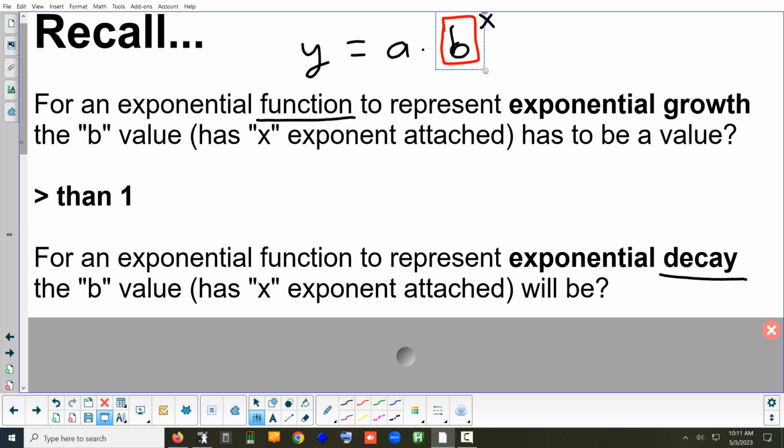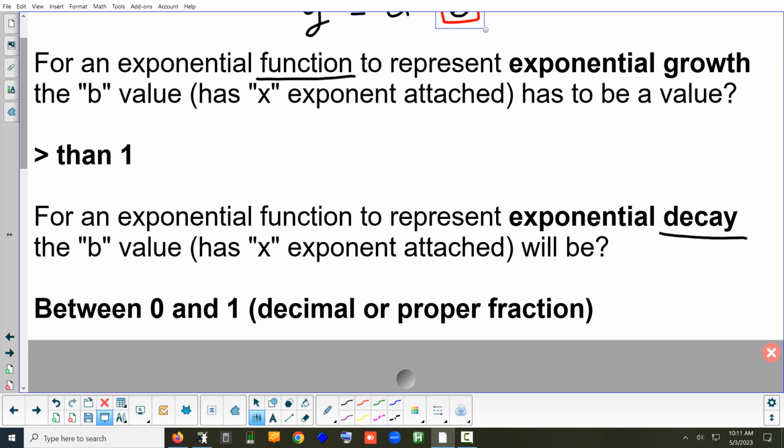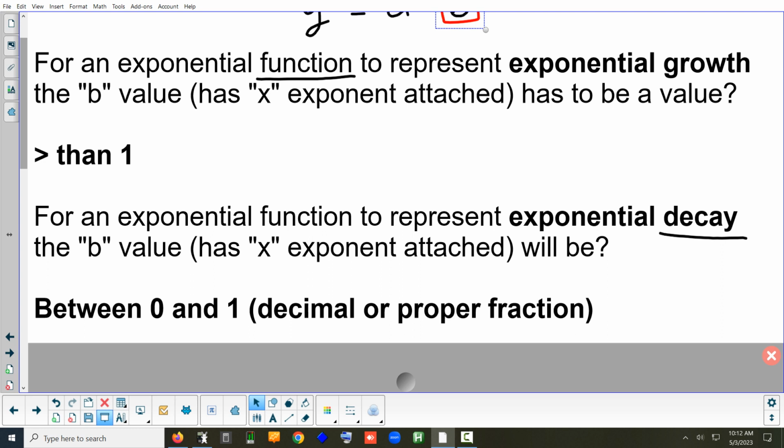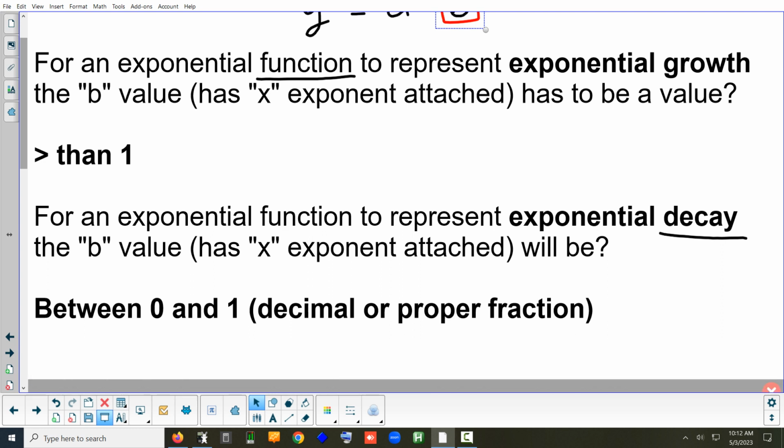Between what? Between 0 and 1. So it says on the guided notes, between, and it has to be 0 and 1. So examples of numbers between 0 and 1. 1/2. 2/3. That's between 0 and 1.